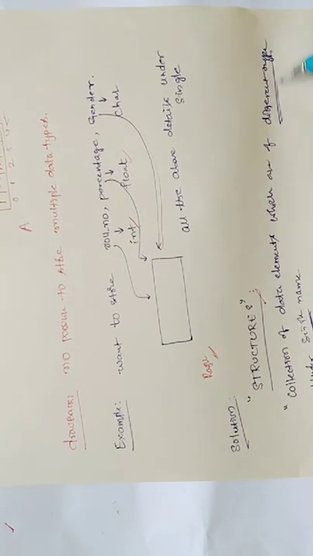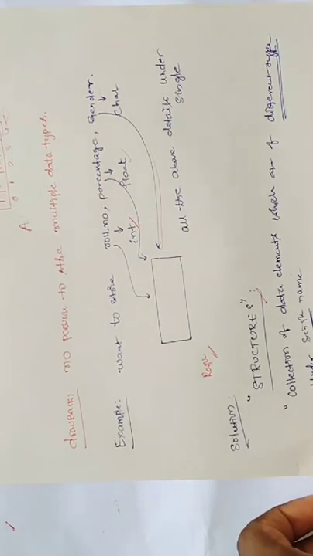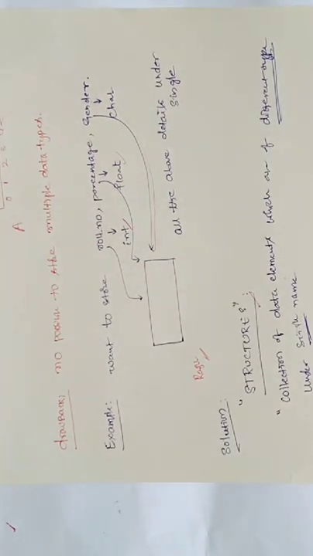These two are key points: a collection of data elements which are of different type under a single name. So that is the definition of structures, and today we will discuss structures.